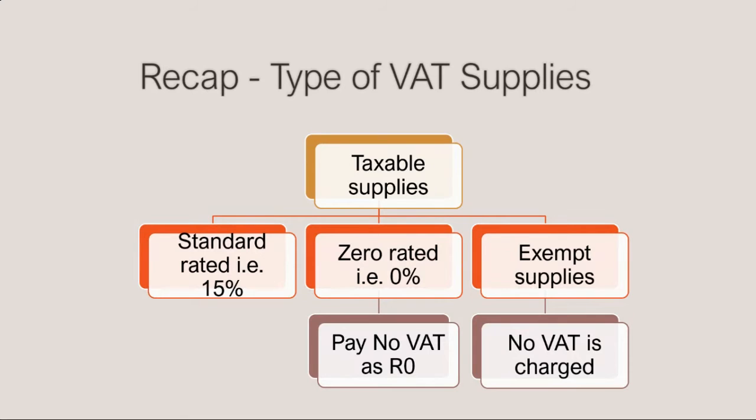That is how you differentiate your definition. Otherwise, me as the marker won't be able to distinguish if you understand the difference between the two. So never in your exam or test write for zero rated that there's no VAT levied on it. Just say it's VAT levied at 0%, and then you'll get the marks.